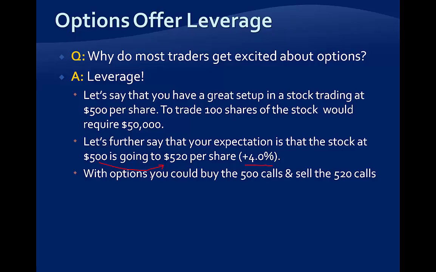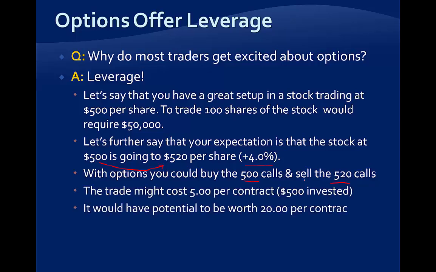With options, you could literally position a trade right around these expectations. You could buy the 500 strike calls and sell the 520 calls. This trade might cost you $5 total. That's $500 to buy this spread trade. And guess what? The beauty of options is that you can position your trade exactly the way you want it.